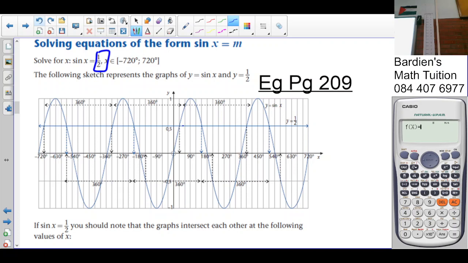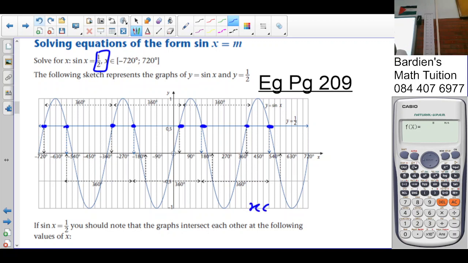The graph is going to be there, and there. Not so. So these are corresponding x values, corresponding values on the graph, where that y is equal to half is going to cut that graph. Do you all see that? Okay.